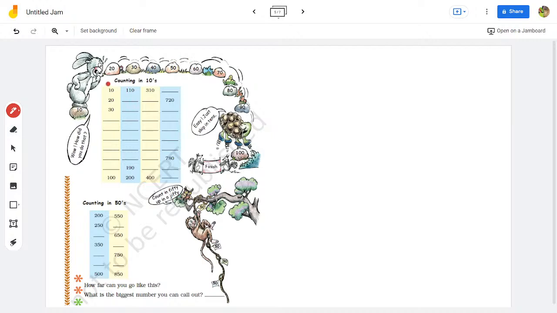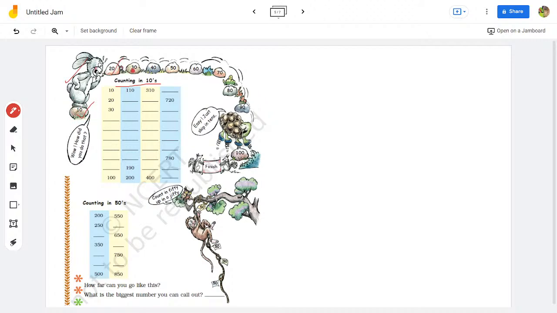Okay, so over here we have again some counting, but now it's about skip counting. Let's see how we work on that. Here we have Mr. Rabbit. Mr. Rabbit is on 10. He's jumping.